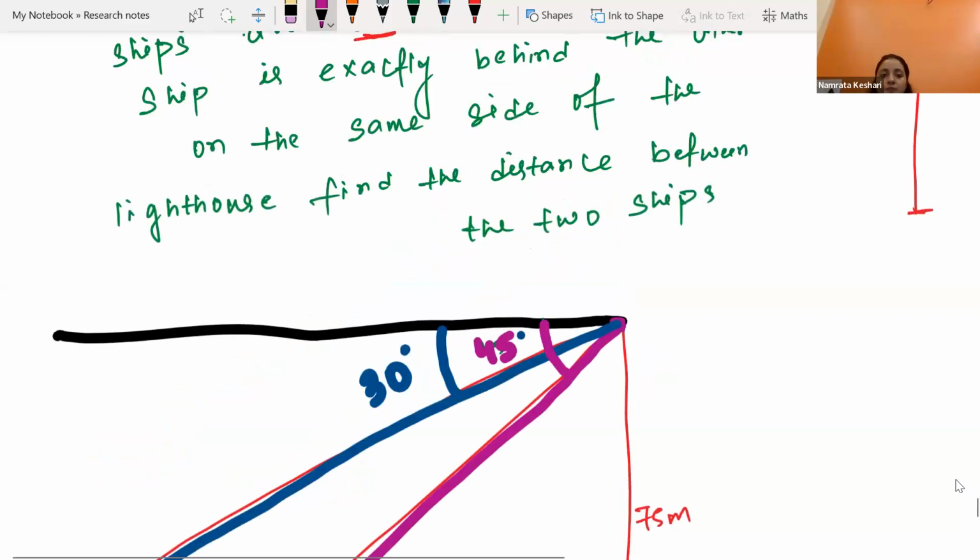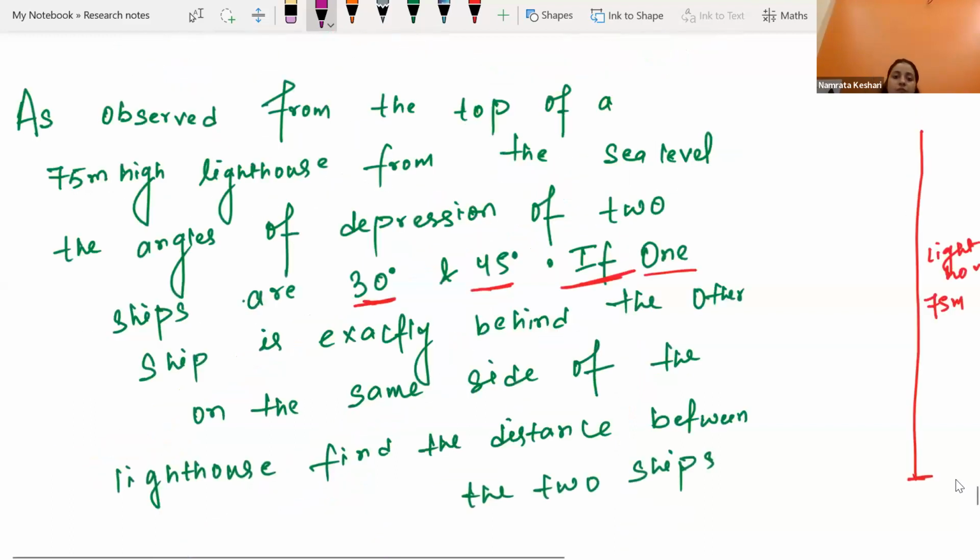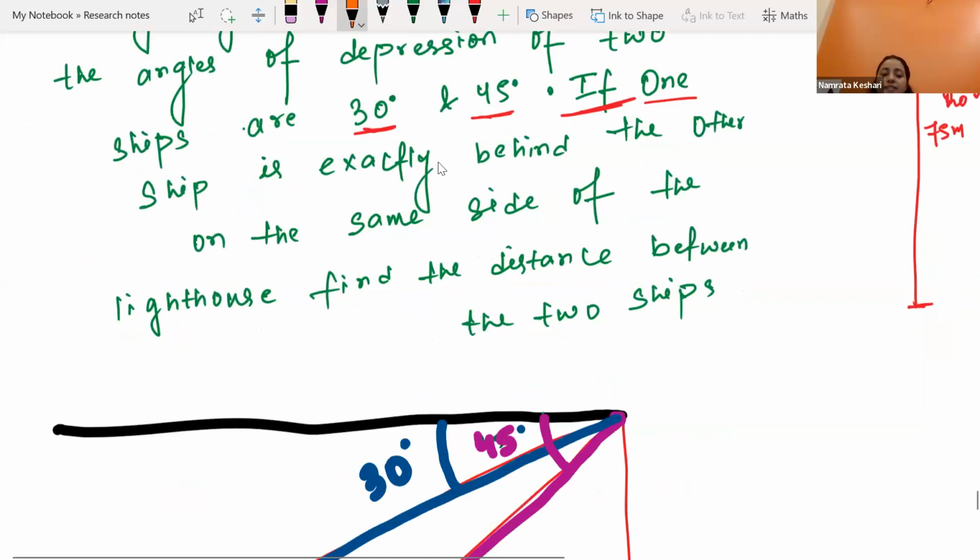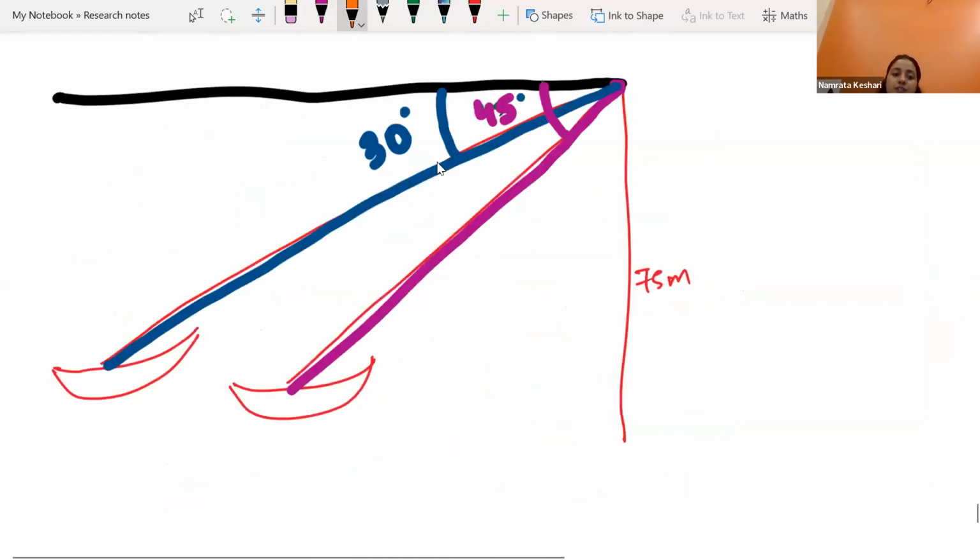Okay, let's continue. We are supposed to find the distance between the two ships. Only this distance we are supposed to find.